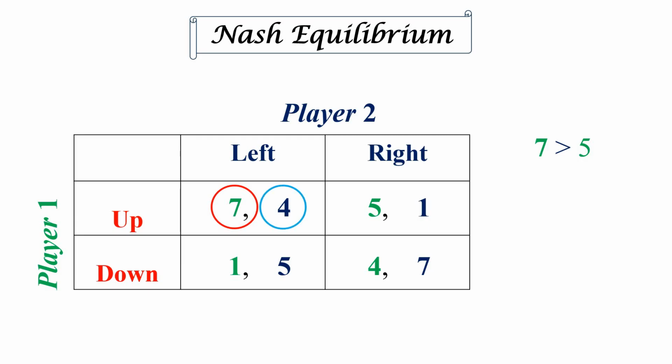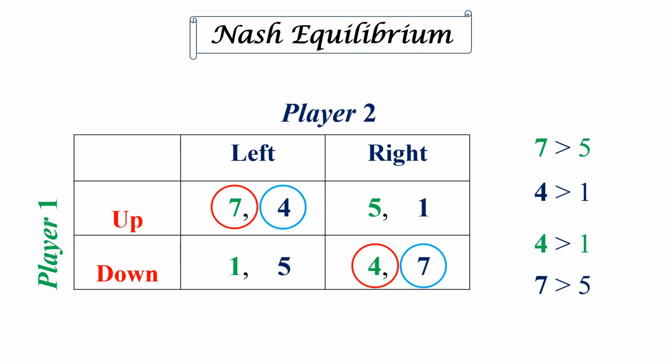And if player 2 plays based on the strategies of player 1, then he is going to choose 4 rather than 1 because 4 is greater than 1. Again, if player 1 wants to play down, then he will play 4, and based on player 1's strategy, player 2 will choose 7 because 7 is greater than 5.